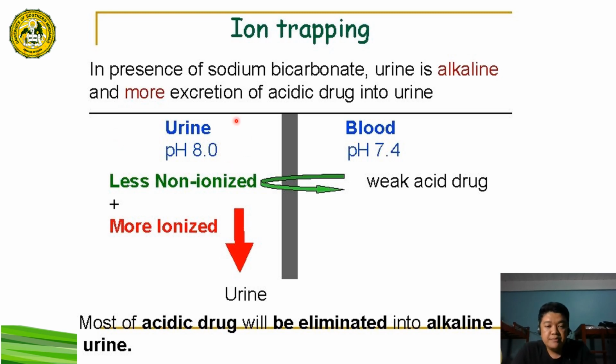So this will increase the pH of the urine and enhance the ionization of our drug. When there is a more ionized form of the drug, this will increase the elimination or excretion of our drug in the urine.